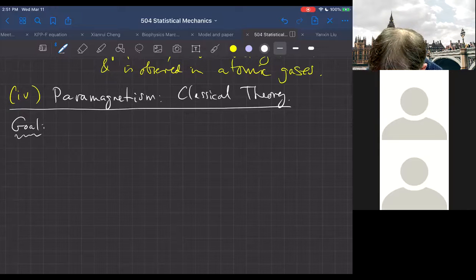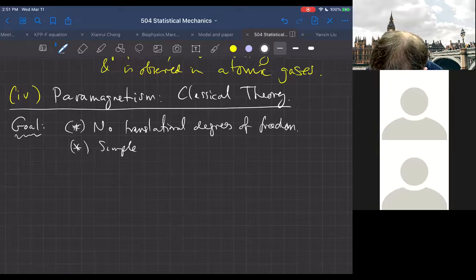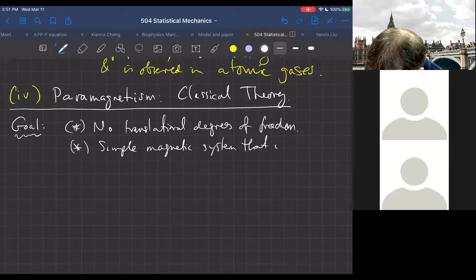We're going to look at a system where there are no translational degrees of freedom, and then we're going to look at a simple magnetic system that is the counterpart to an ideal gas.